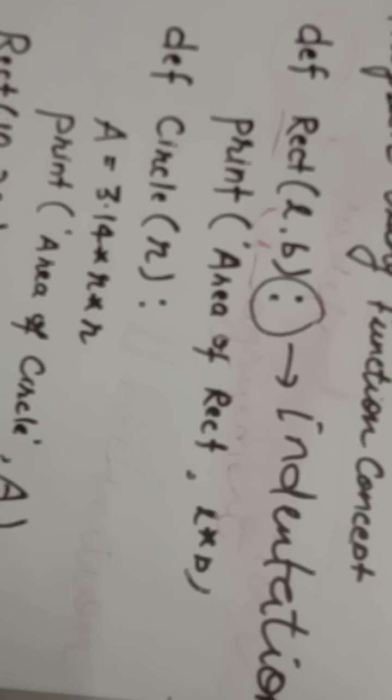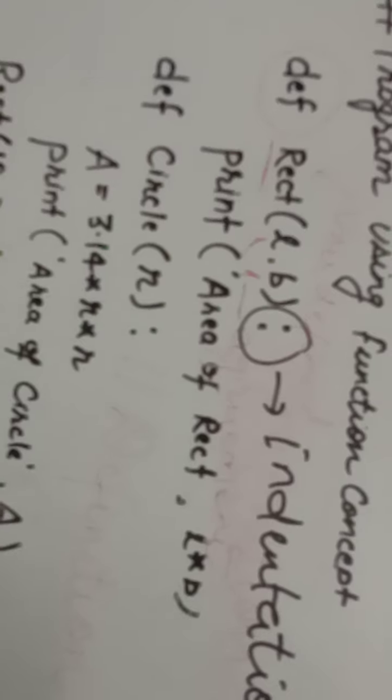Indentation. As you know, if we are using an indentation mark, it means that the statement is a block statement. So it means a function is also a block statement.